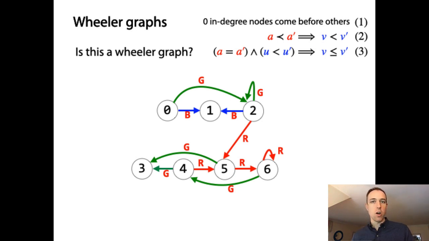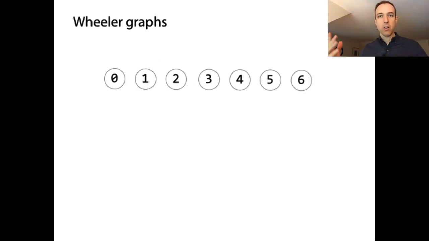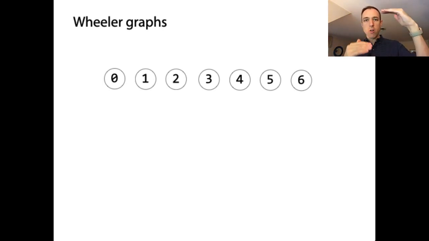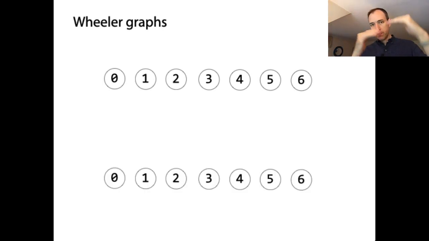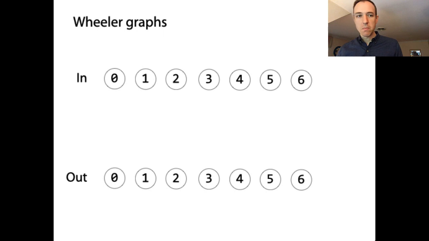Now let's redraw it in a particular way. I want to take all the nodes, 0, 1, 2, 3, 4, 5, 6, same nodes, but I'm going to draw them twice in two replicas, a replica of each node along the bottom, a replica of each node along the top. The ones on the bottom are going to be what I'm going to call the out replicas.